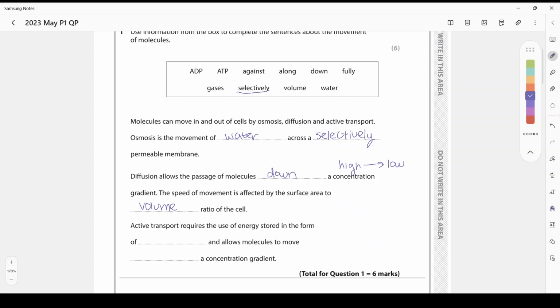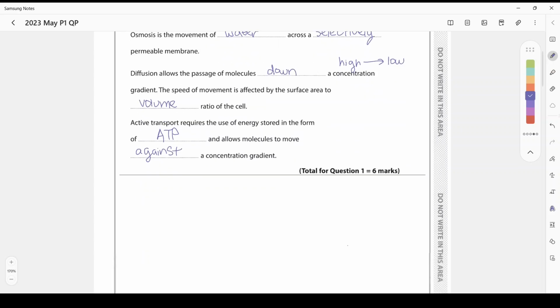All right, and the third part is active transport requires the use of energy stored in the form of ATP. So ATP is our sort of energy currency and allows for molecules to move against a concentration gradient.